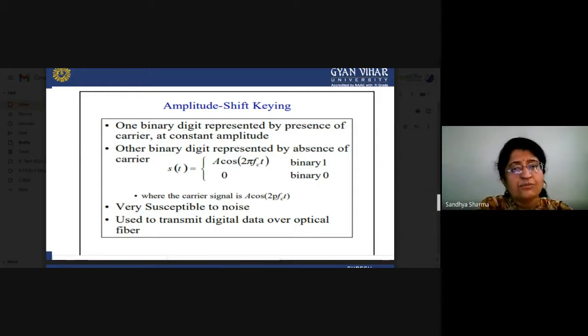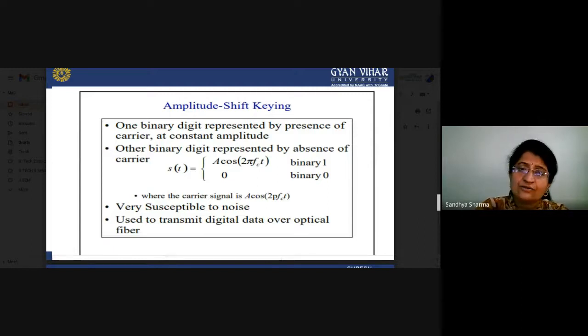Noise is generally additive, so it changes the amplitude level. If our signals are also transmitted through changes in amplitude, it is not easy to detect whether these changes are due to the signal or the noise. This is the disadvantage of amplitude shift keying.